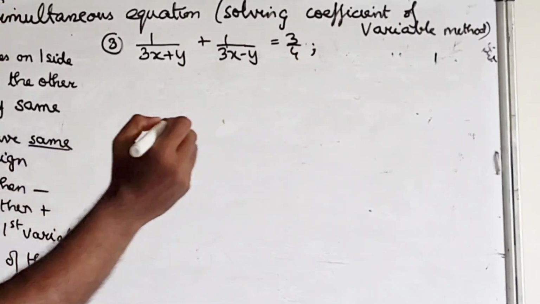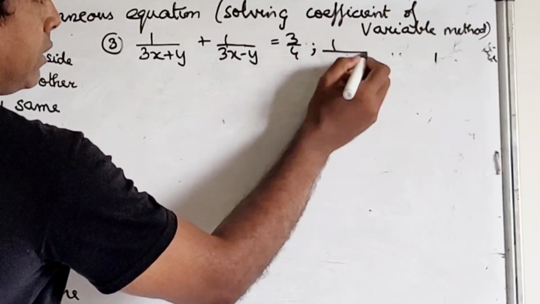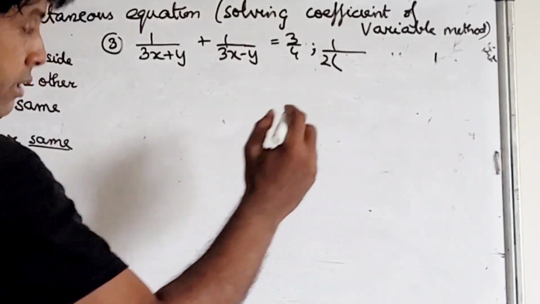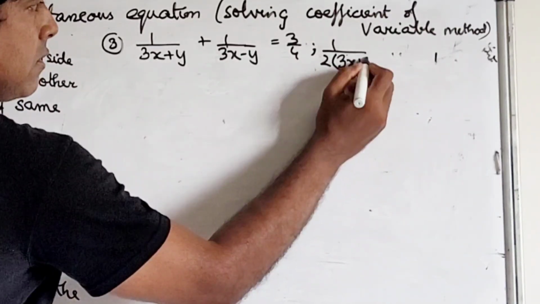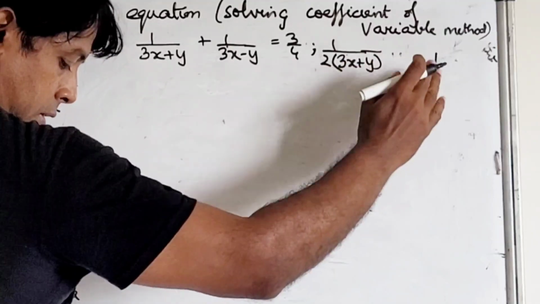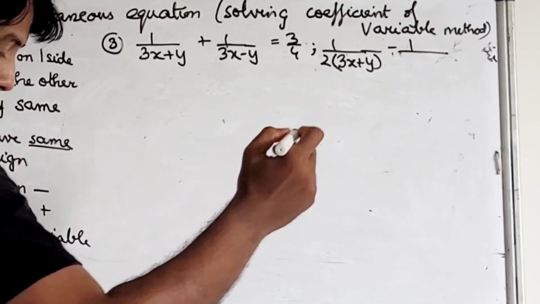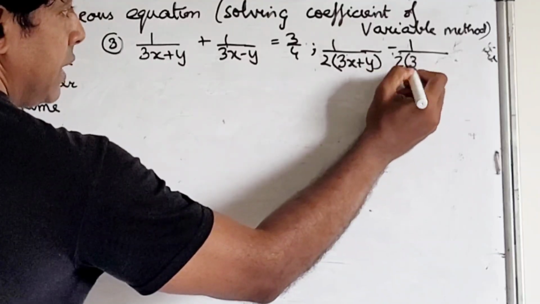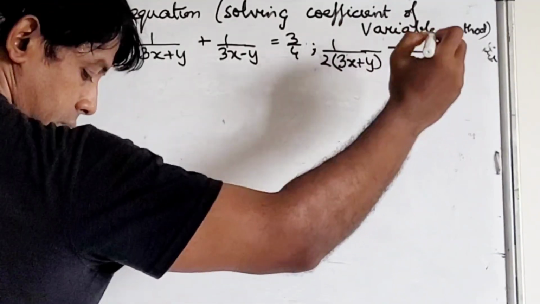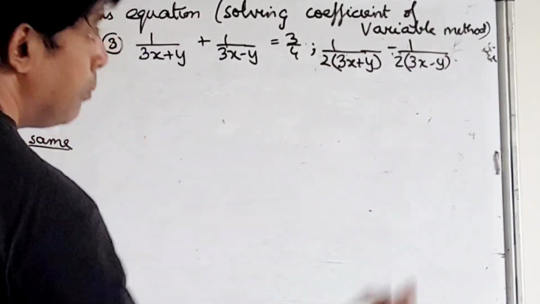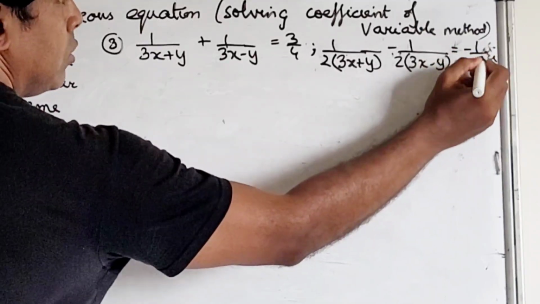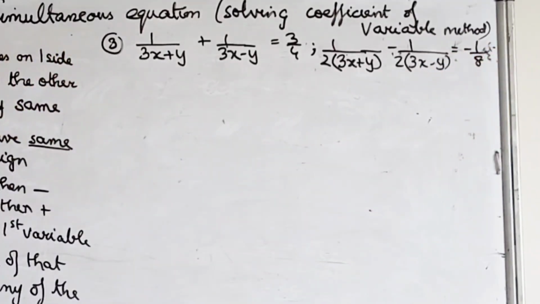And the second one is 2 upon 3x plus y minus 1 upon 2 3x minus y is equal to minus 1 upon 8.